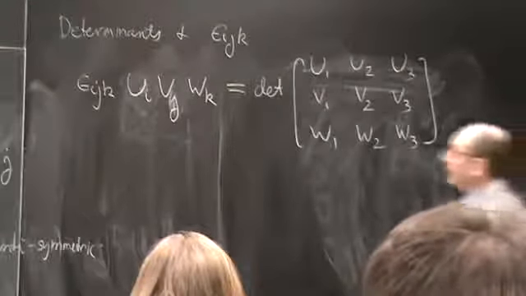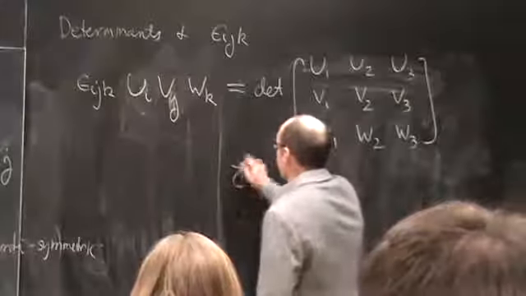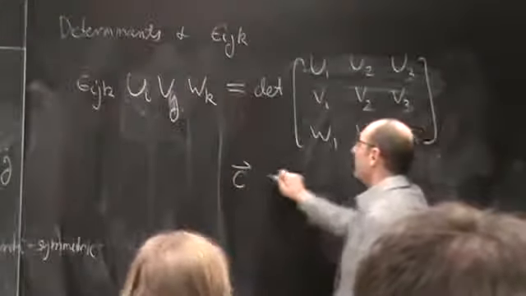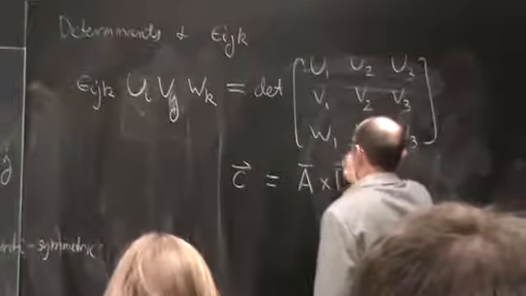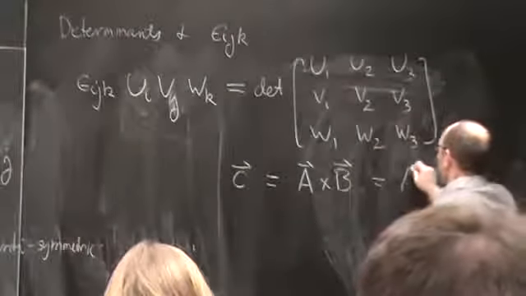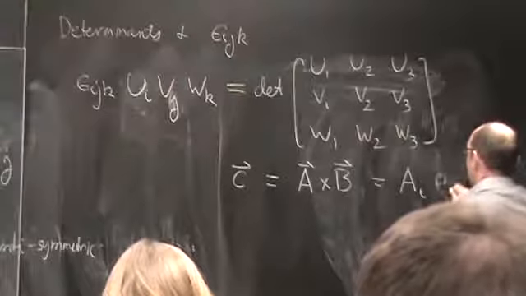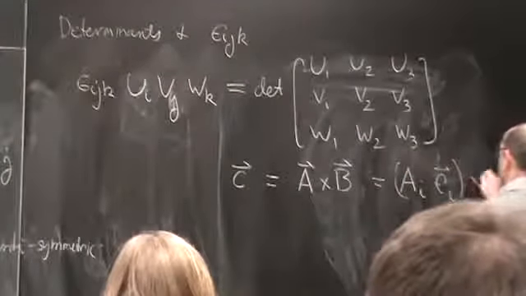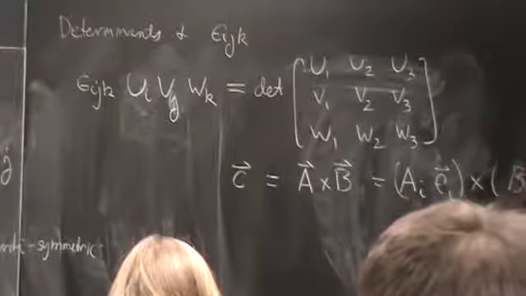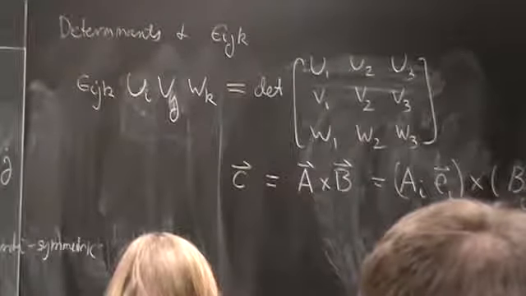Alrighty, so from that we recall the following relationship. If I look at a vector C, which is the cross product of two vectors, A and B, A is a sum of a_i e_i, crossed into that vector, using different dummies, b_j e_j.